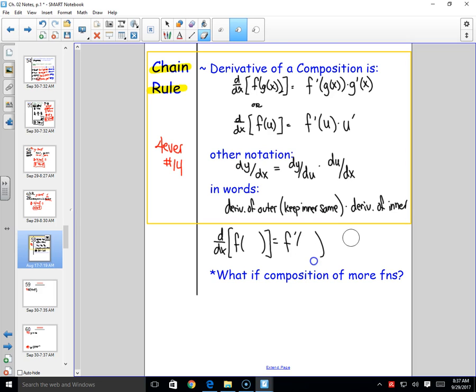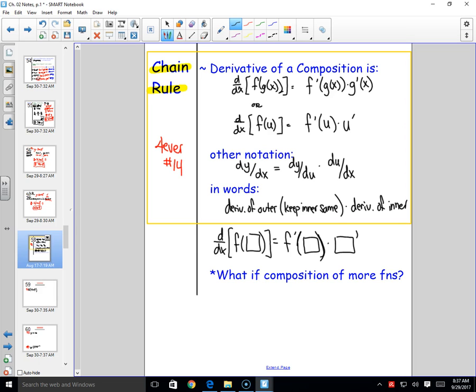You could almost do like a triangle and have triangle prime with a box inside times box prime. The reason I don't like that is I don't know if it totally gives you the idea that you're only taking the derivative of the triangle and not the box. That's why I don't like that notation as much. I'd rather you think of it as f of box is f prime of box times box prime.